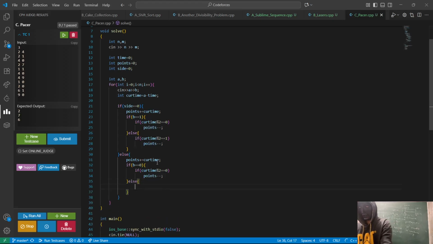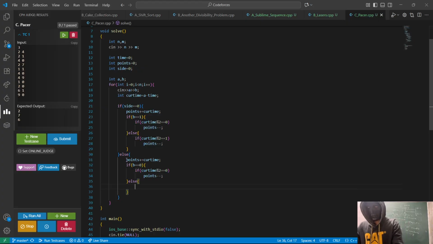Else, which means he was at side 1 and he wants to reach side 1 only, right? So this one I think I've made a mistake. Wait just a second. He was at side 1 and he wants to reach the other side. So yeah, if that is the other side, an odd number is fine. If that is an even number, you have to decrease. Okay, this is correct, no mistakes.